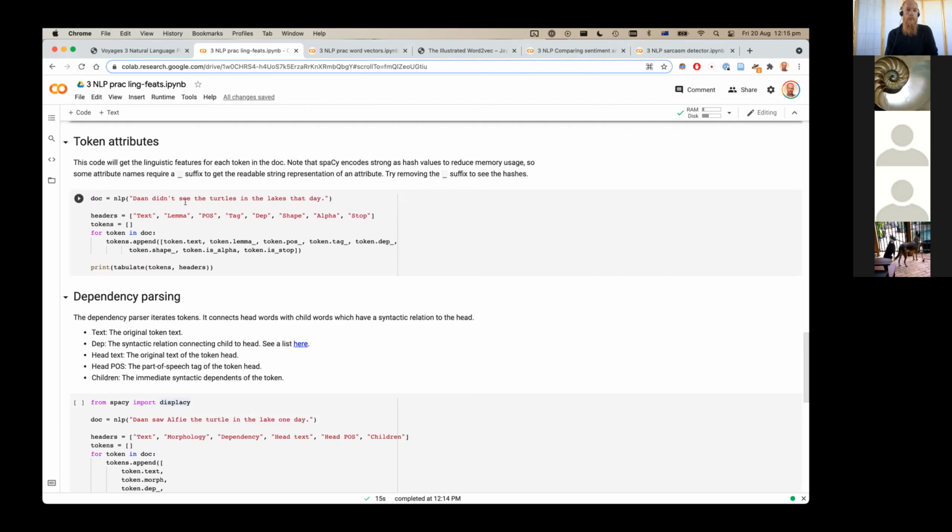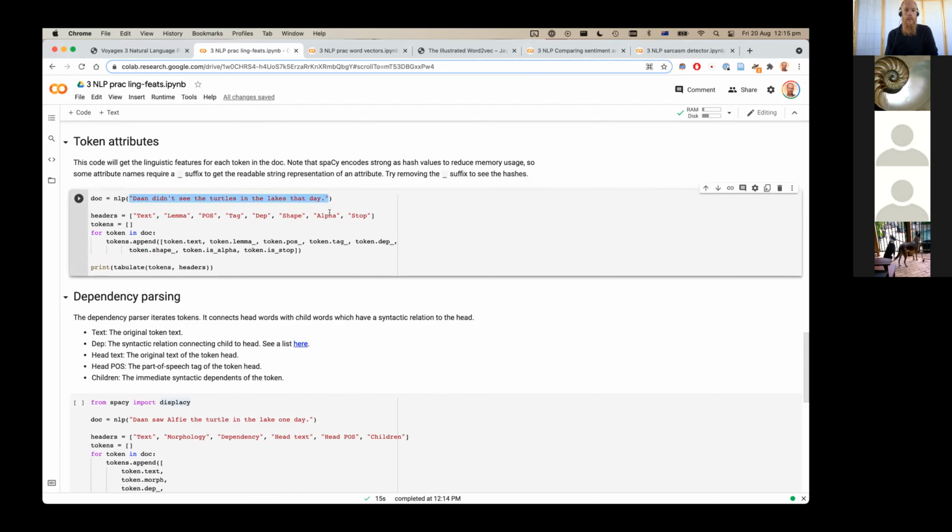Now we can process some text by using the spaCy tokens. We begin by loading a sentence into this nlp object. The headers is just used to make a pretty table that will output. We'll iterate through the doc that spaCy creates.